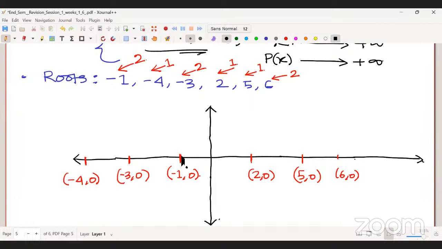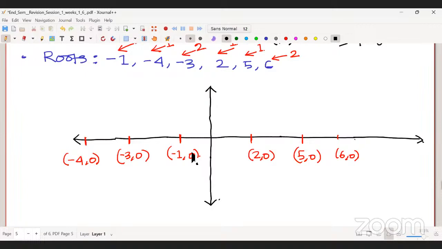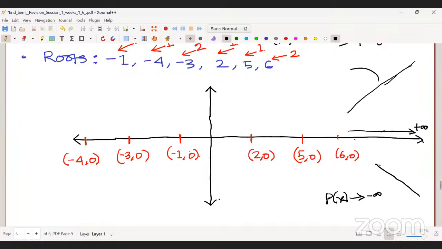From below. Yes, it should come from below, because as x tends to plus infinity, my p of x is going towards minus infinity. If the graph came from above, that would mean p of x is going towards plus infinity.